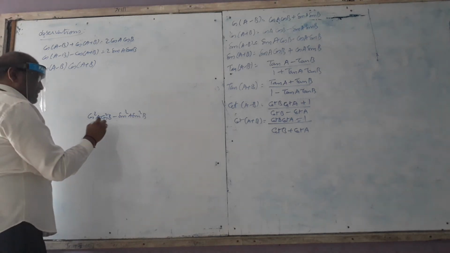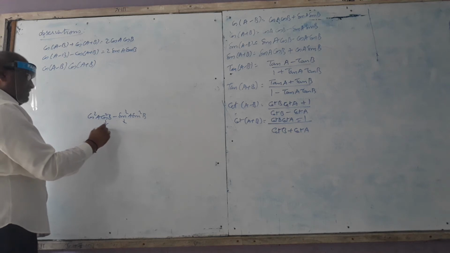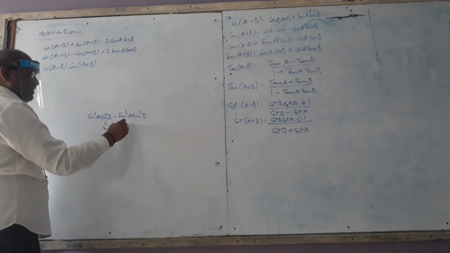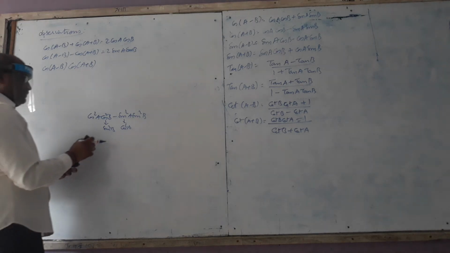I will convert cos square B and sin square A in terms of sin square B and cos square A. How to convert?